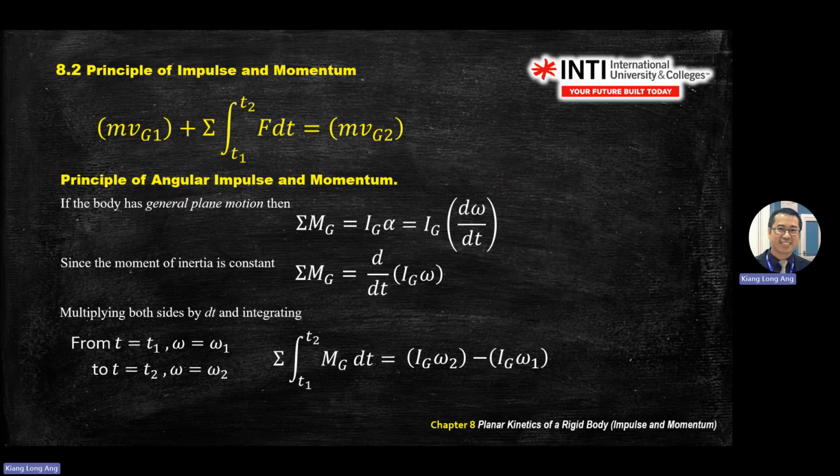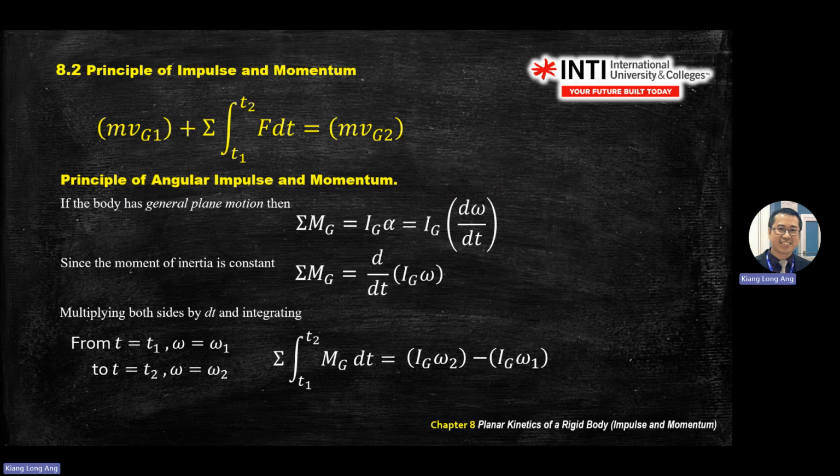Sometimes we don't mention the full name. A complete sentence for this one is the principle of angular impulse and angular momentum, a very lengthy name, and the one on the top is the principle of linear impulse and linear momentum.